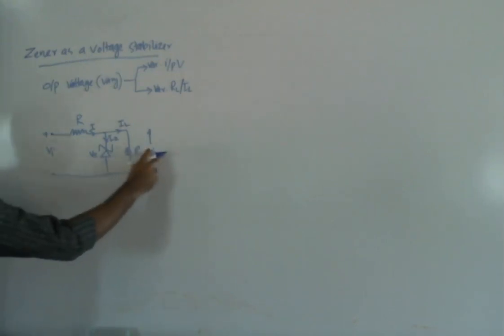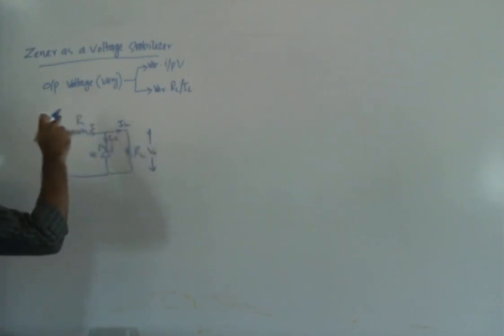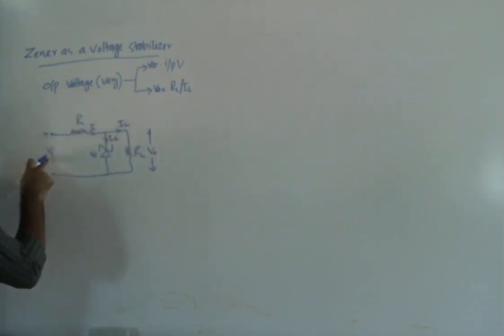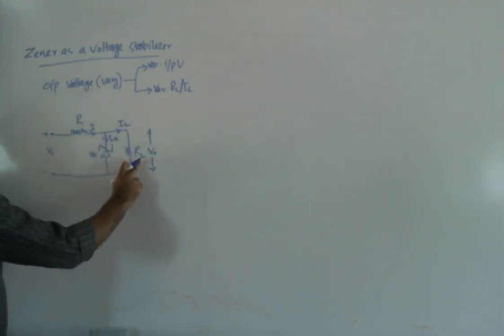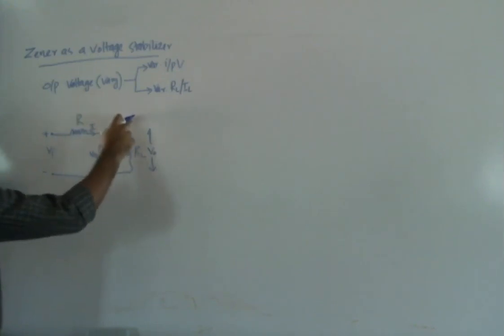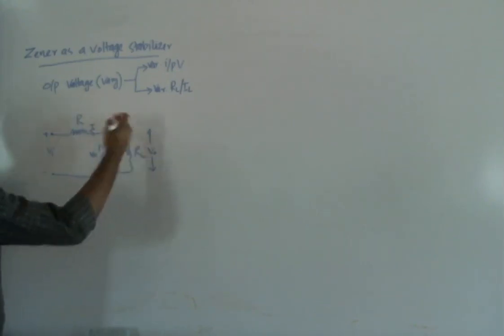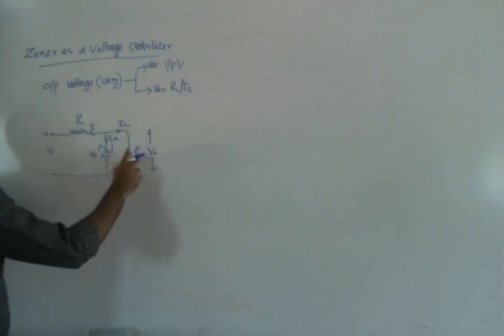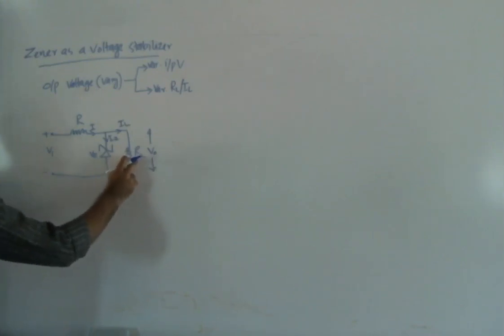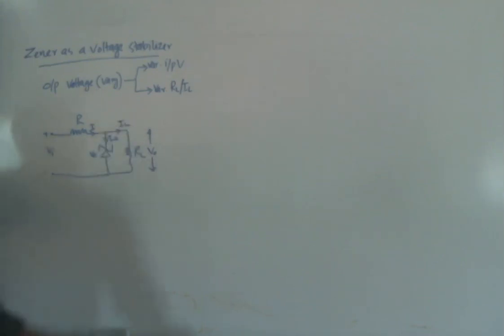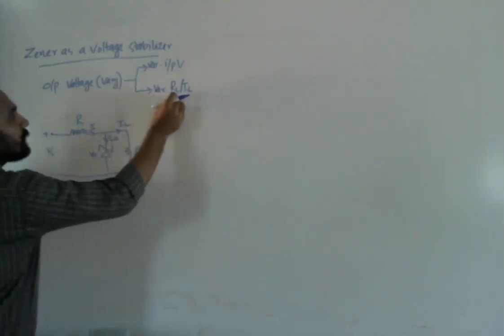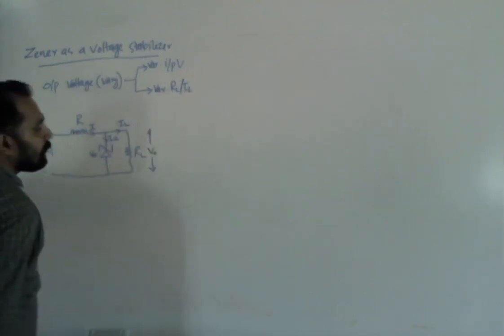The variation in V0 is due either to the variation in the input voltage Vi or to the variation in the load resistance RL. When load resistance increases, the load current decreases, and when load resistance decreases, the load current increases. That's why we call it the variation in the load resistance or load current.